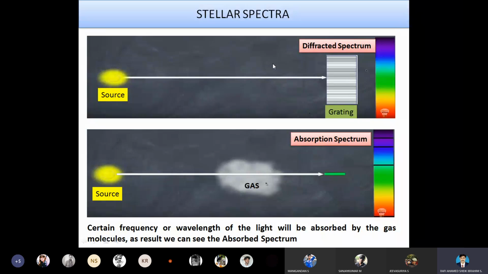But we have to study the spectroscopic changes in our astronomy, in our space. So how are we going to study? As we know, in general, the universe, the space, is covered with gas cloud.